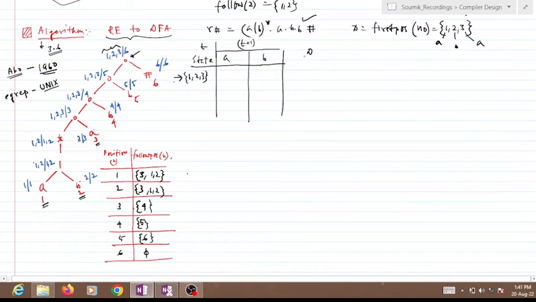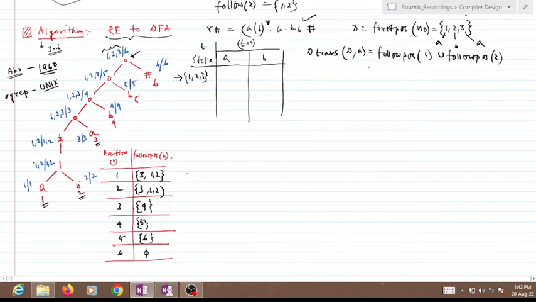Next we have to find the transition values. We'll use the Dtran function, Dtran of D comma a. Here a means we will be finding the followpos of 1 and 3, which correspond to a. So this is equal to followpos of 1 union followpos of 3.